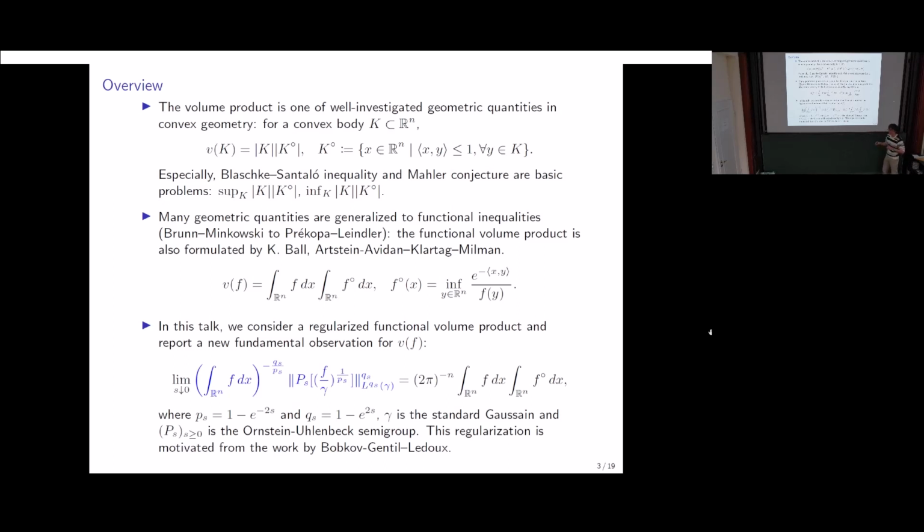Then we can observe that as s goes to 0, this converges to the functional volume product. This observation is already known from the work of Bobkov-Gentil-Ledoux, in which they show that the smoothing property of the heat semigroup implies the hypercontractivity of the Hamilton-Jacobi semigroup. Especially in this case, the Hamilton-Jacobi semigroup is related to this f circle, or to the Legendre transform.